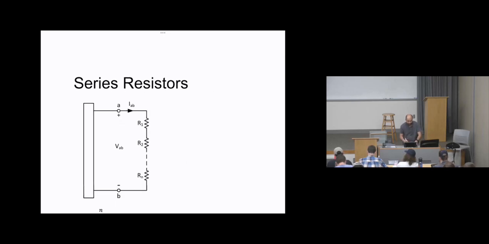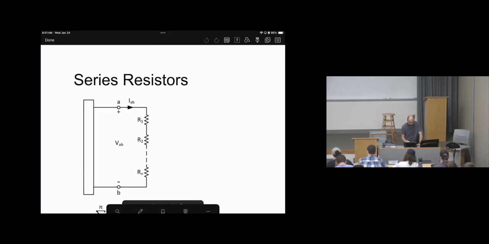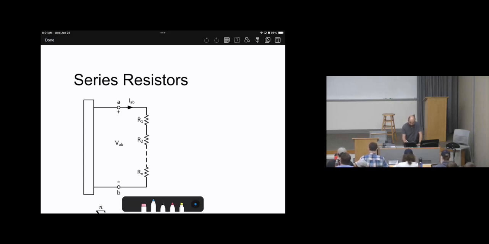So how can we know these elements are in series? Basically, these two conditions must be satisfied. The first condition: sharing the same current. We can say these two elements are in series if and only if they are sharing the same current.